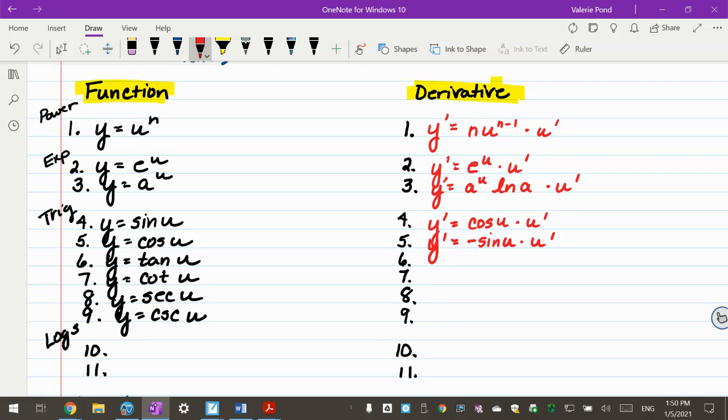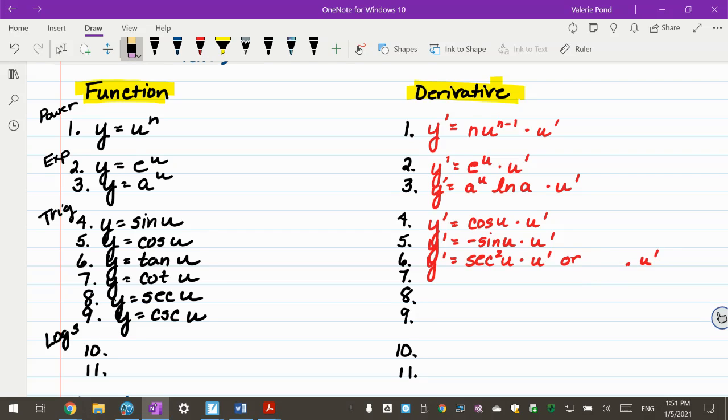Tangent is going to be y prime equals secant squared of u times u prime, or you could write it as 1 over cosine squared u times u prime. Sometimes you'll see it as u prime all over cosine squared u, because u prime literally could be on the top of that fraction. I'm writing it like this so that you can keep it in the same method.